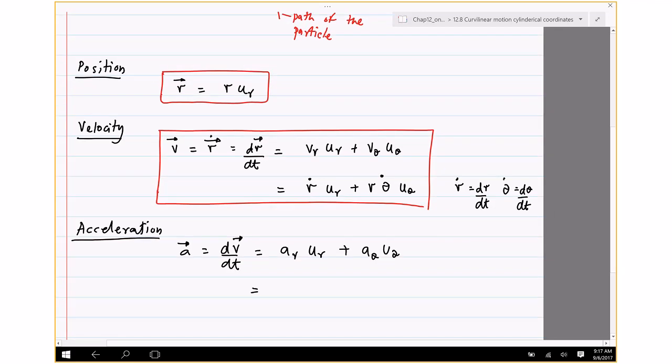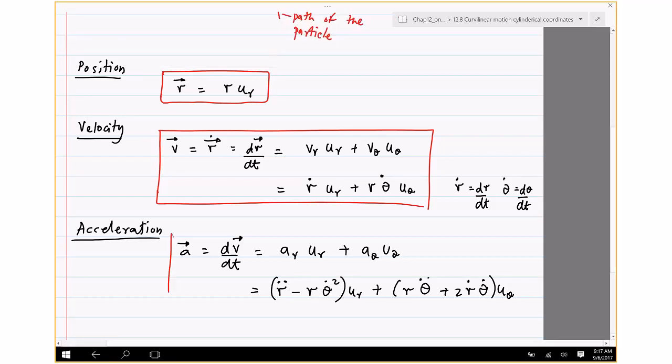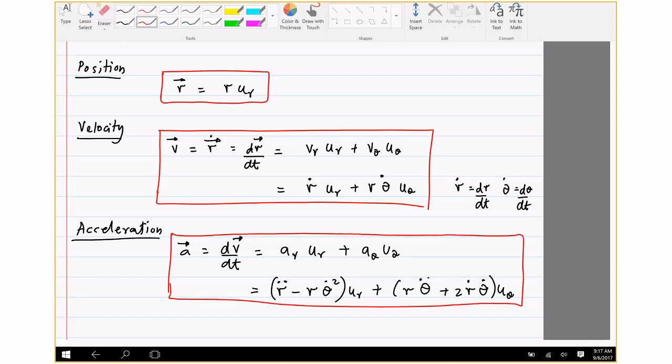It turns out to be r double dot minus r theta dot squared, times u_r, plus r theta double dot plus 2 r dot theta dot, times u_theta.